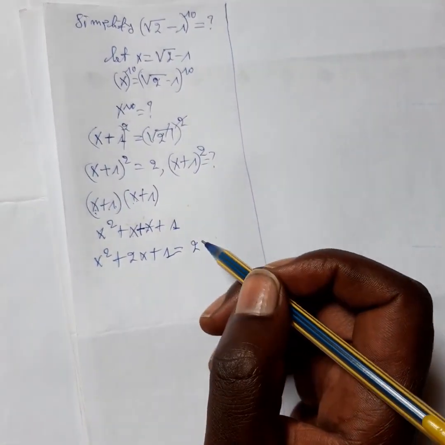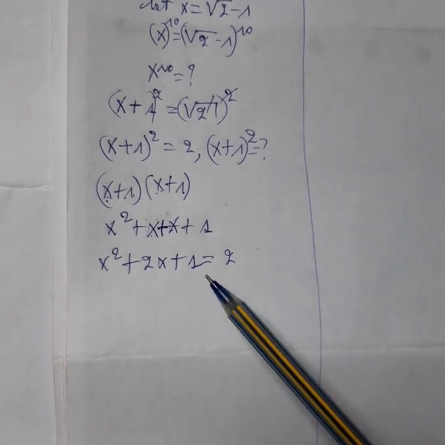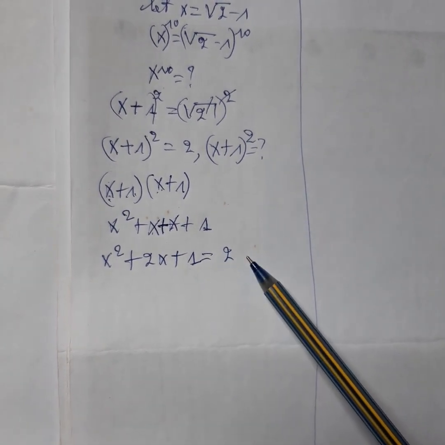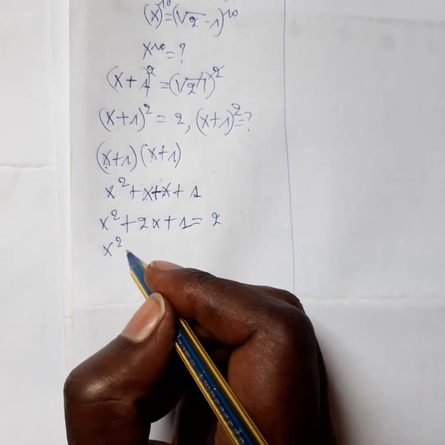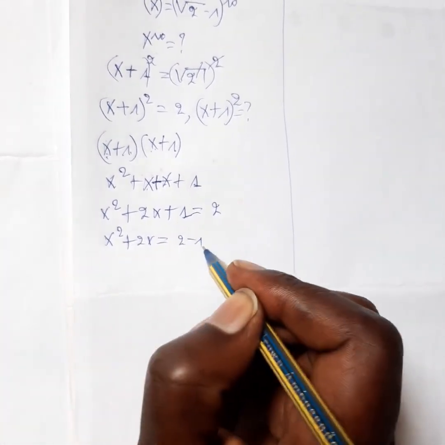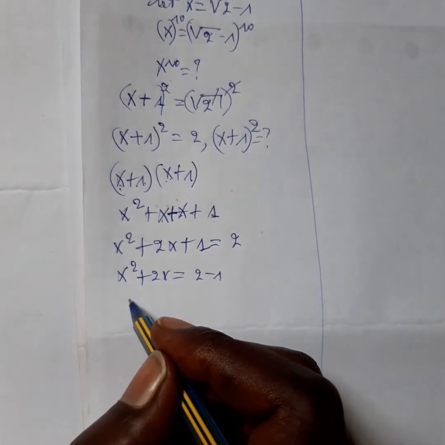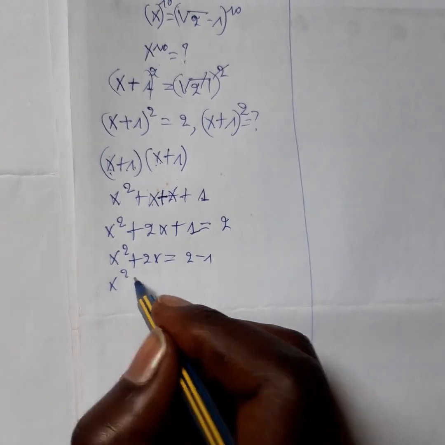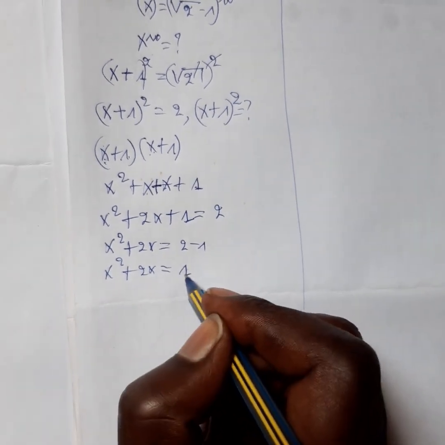Then we are going to move the 1 to this side. Then we'll have x squared plus 2x equal to 2 minus 1, so x squared plus 2x is equal to 1.